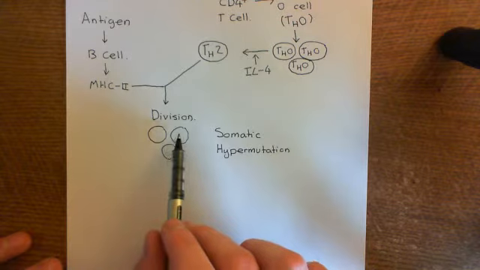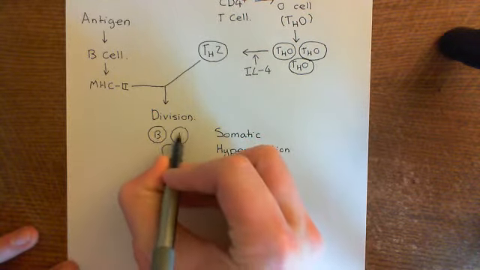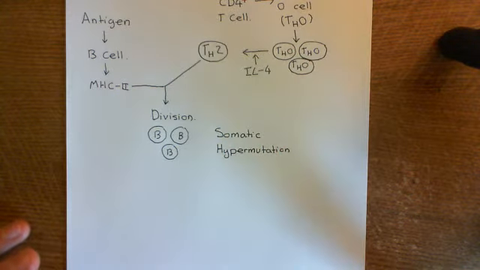Because basically some of these B cells here, and I'll put B's in them to indicate that they're B cells, some of them will have undergone mutations that mean that their B cell receptor is now better at binding to the antigen, whereas some will have undergone mutations that now mean that their B cell receptor is less good at binding to the antigen.